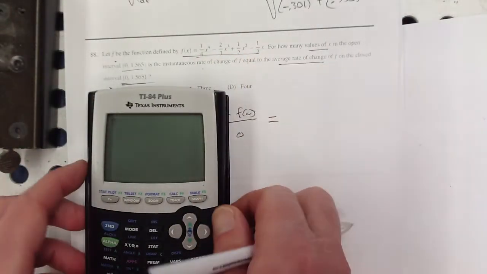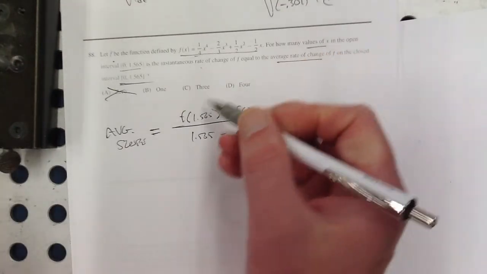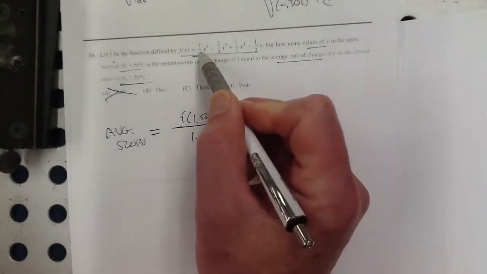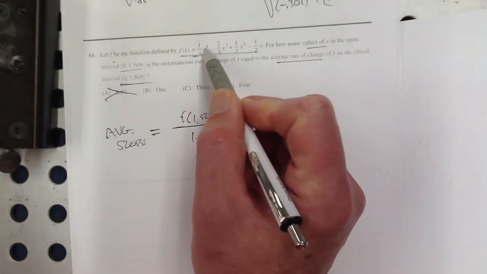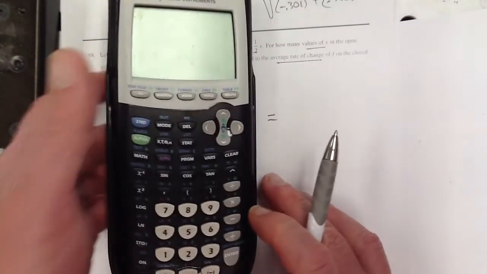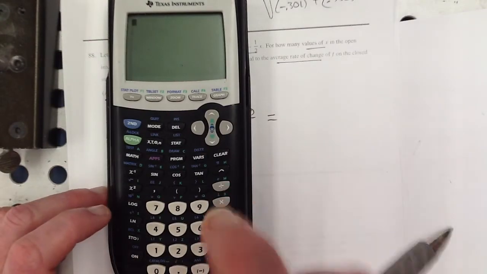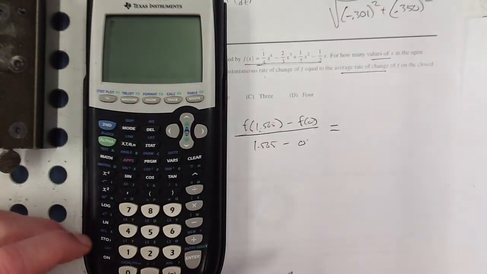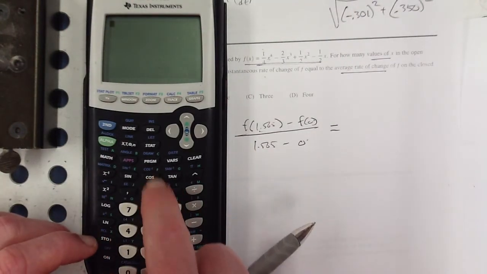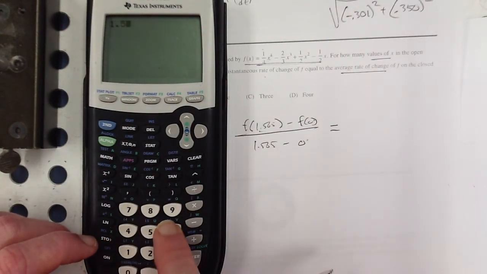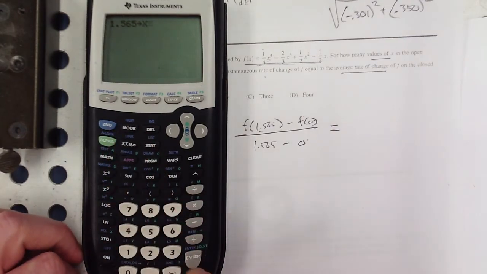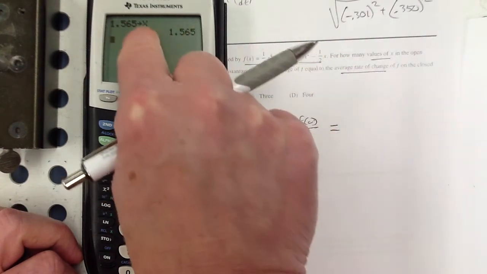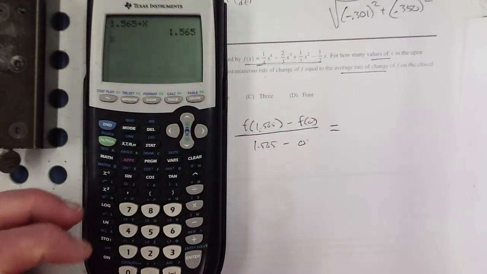So that's a matter of plugging in; f of 0 is 0, so I just need to plug 1.565 into this thing here. You could just type it in, like 1/4, and then plug 1.565 and so on. Because I don't want to keep typing that number in over and over again, I'm going to store 1.565 as x. And then I can just type this expression in with the x's, and my calculator knows that's what x is.